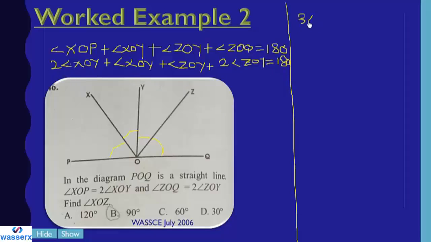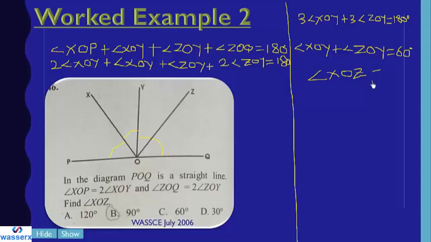Now we simplify this to obtain 3 times angle XOY plus 3 times angle ZOY, which is equal to 180 degrees. So now we simplify this to obtain angle XOY plus angle ZOY equals 60 degrees. But angle XOY plus ZOY is equal to angle XOZ, which is equal to 60 degrees.